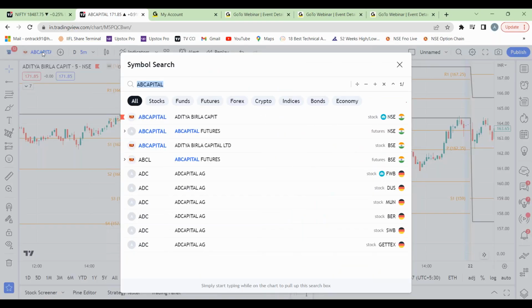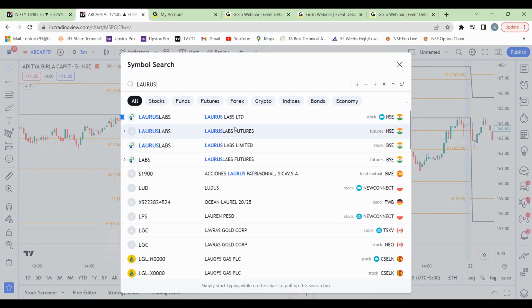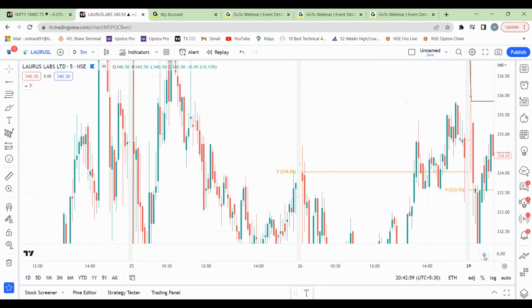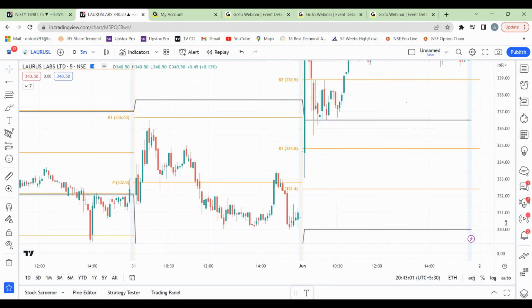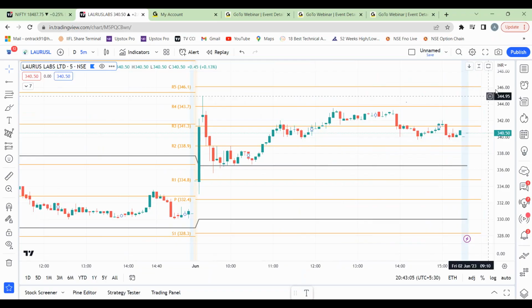When we take buy trades, you see Laurus Labs, strong green candle.